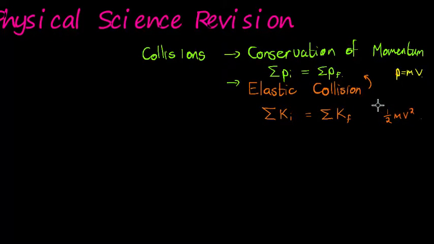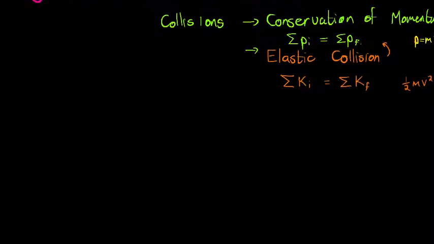If they tell you it's an elastic collision, then you take half mass times velocity squared for everything, and it has to be equal. So that is in collisions, we use these theorems, but the formula that I want to show you, you actually know it very well, but no one is using it, so I'm going to focus a little bit more on it and show you how you can use it in almost any system.